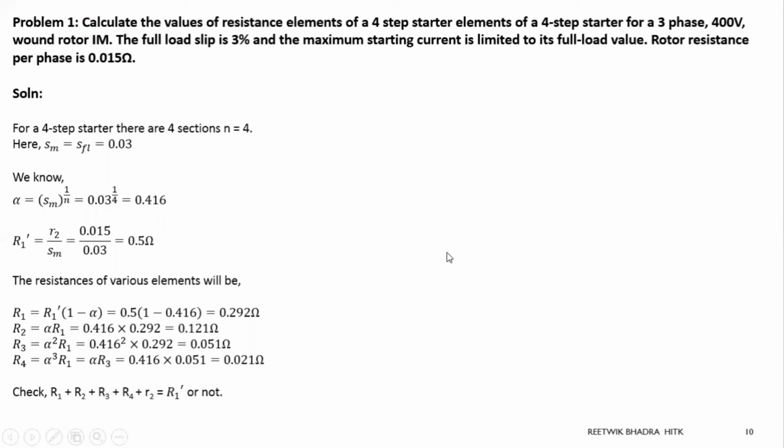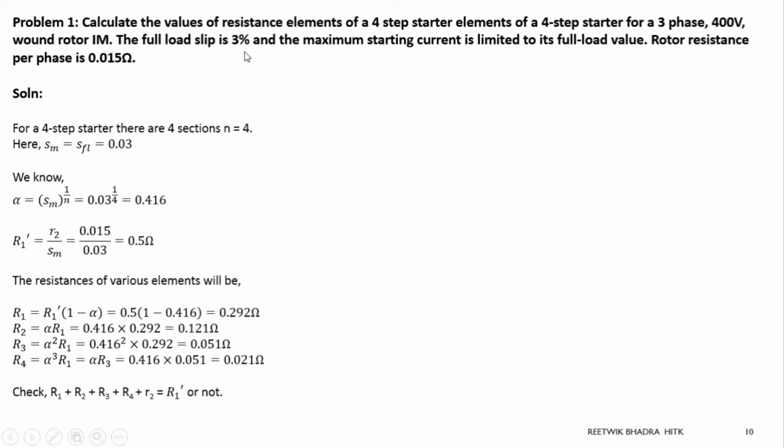So we'll go into a problem. Let's first study what is written in the problem. Calculate the values of resistance elements of a 4-step starter for a 3-phase 400 volt wound rotor induction motor.